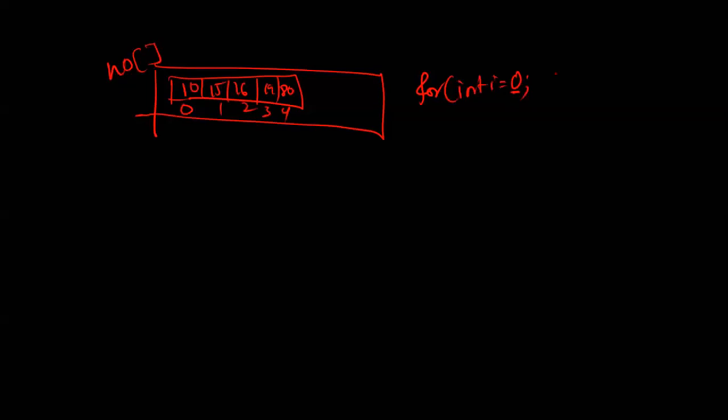So now i is equal to 0. Now i less than, so already I told you to find the length: num dot length, that is arrayname dot length. Remember this. What is the syntax to find length?